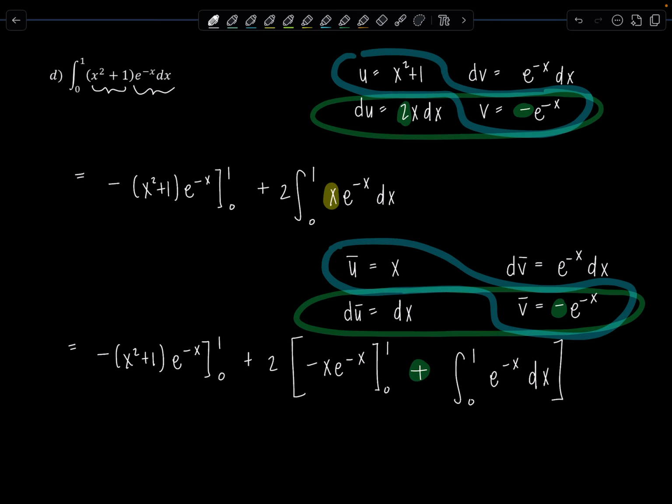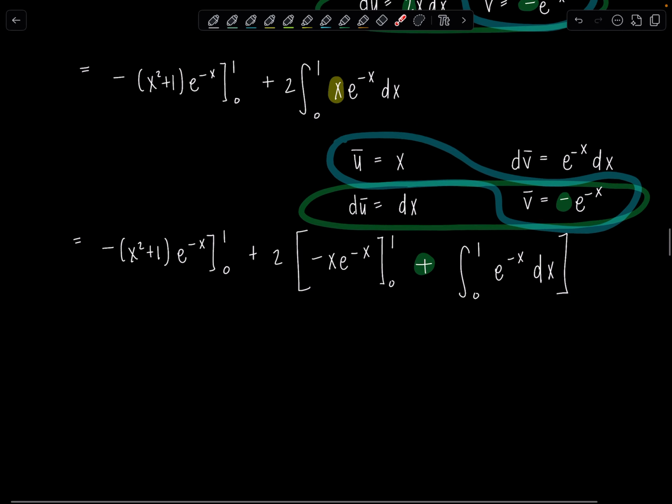Can we evaluate that antiderivative? Yes. You don't need to use substitution. Just divide by that extra negative. And then I'm also going to distribute the 2, okay? And then we're almost there. I know it's messy, but just take your time. Stay nice and neat, okay? Negative x squared plus 1, e to the negative x. I'm going to distribute everything through.